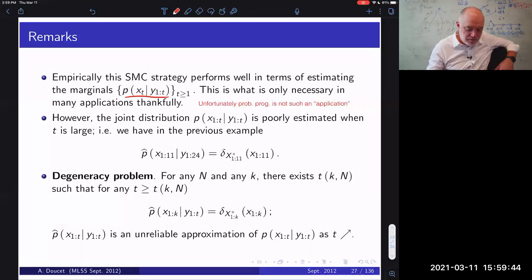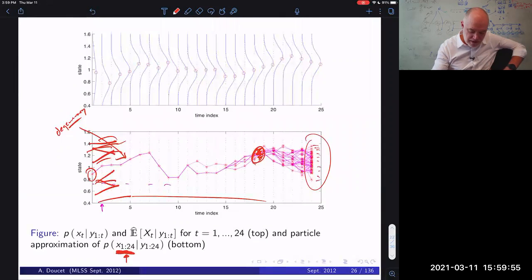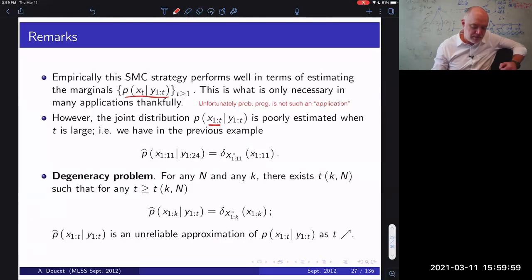Great. Unfortunately, the joint distribution, as you can see, because of degeneracy, is often poorly estimated when t is large. So, in the previous example, when you just look at this, from time step 11 back, our marginal posterior distribution is Dirac. It's an atomic measure on the single sample, right?